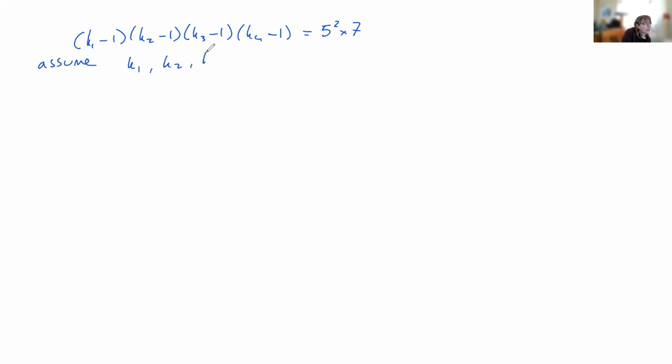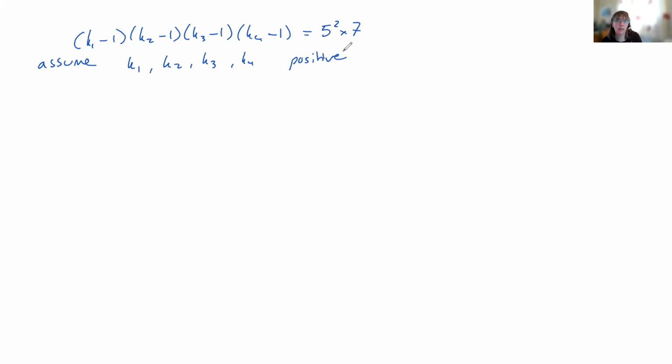So we've said that (k1 minus 1)(k2 minus 1)(k3 minus 1)(k4 minus 1) equals 5 squared times 7, which is 175. Let's assume, at least to begin with, that k1, k2, k3, k4 are positive.